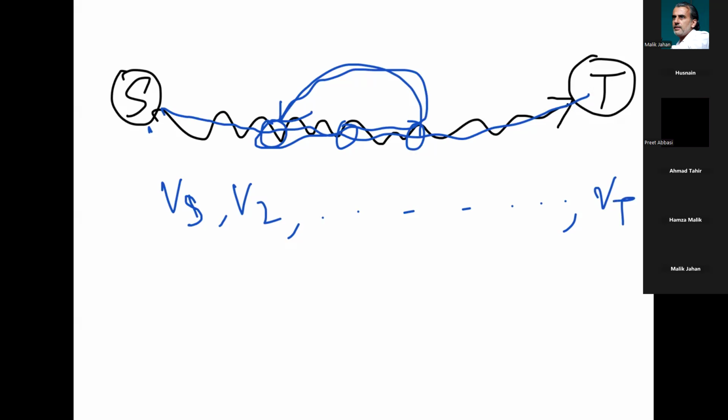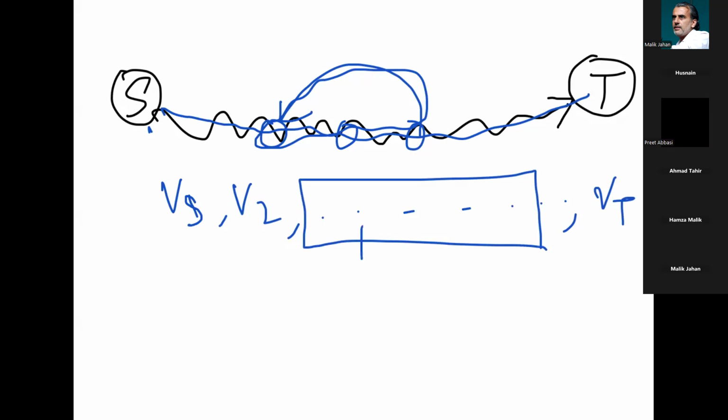Now, is this the shortest one? It totally depends on how many items are in the sequence. It depends on the repetition of the items, right? So if we don't repeat any item, the length of the sequence will start getting shortened, right?